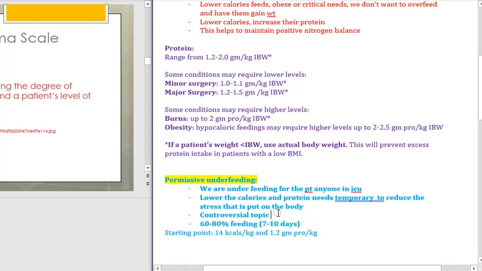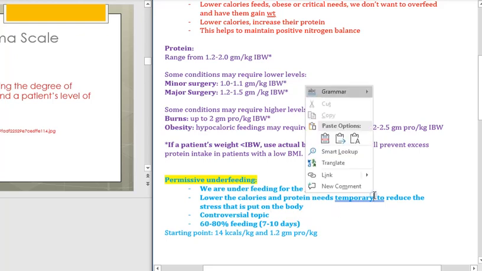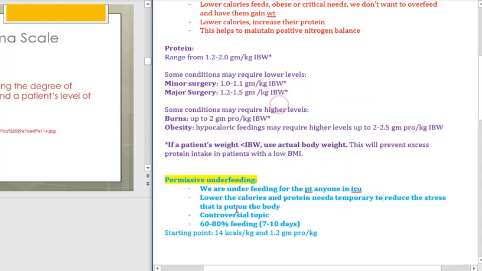The other thing about that is that there's a thought that you don't have to intentionally permissively underfeed because it happens in the ICU anyway. What do I mean by that? Why would it happen in the ICU anyway? Has anyone ever been to an ICU or had someone, family member or someone in the ICU? Is it a busy place?